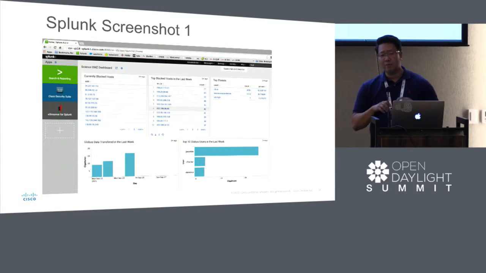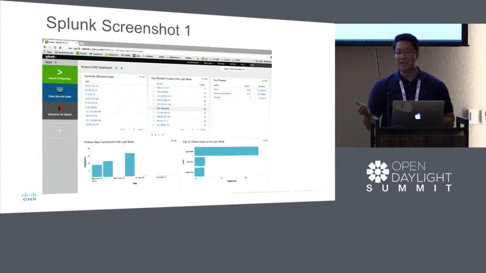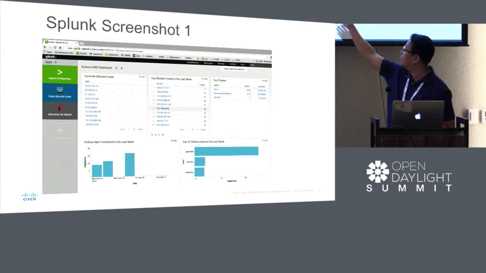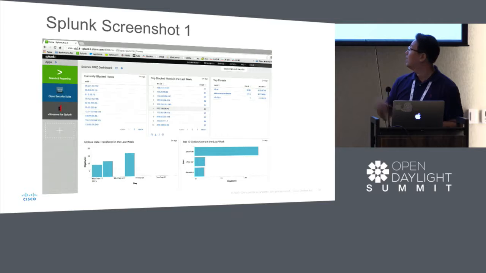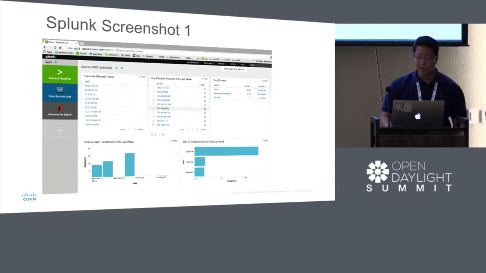Because we are logging from the DTN, the data transport node, which is Globus, we actually know the user and the amount of data actually transferred, and based on that, how much is bypassed. In this diagram, we have the top 10 Globus usernames, including my colleagues and myself, and we know exactly how much they sent, and we could also figure out what kind of data was being leaked out. So this has been received very well.